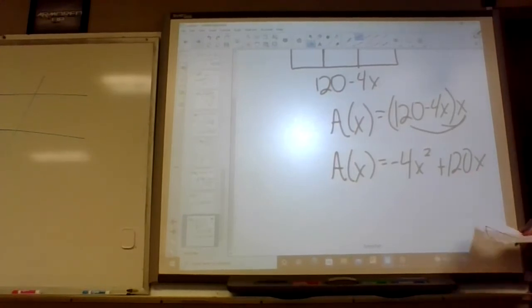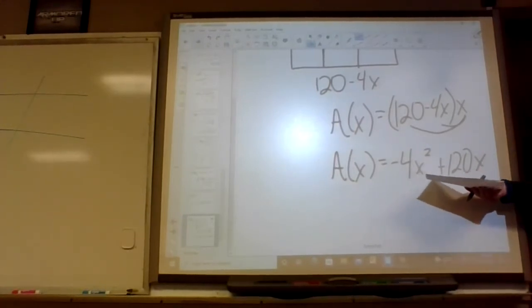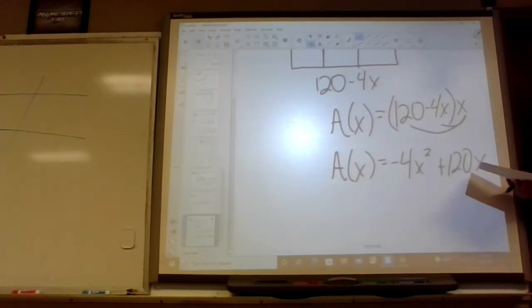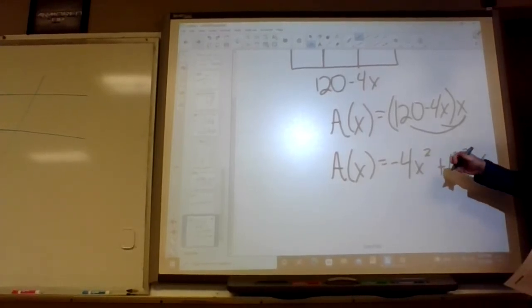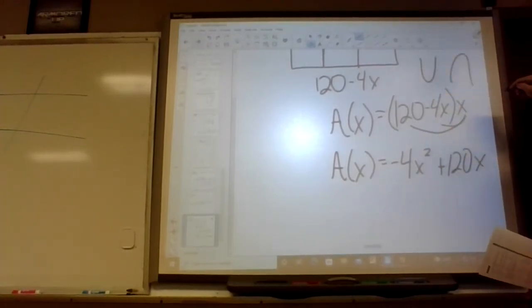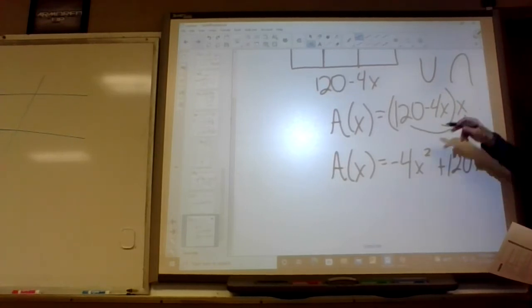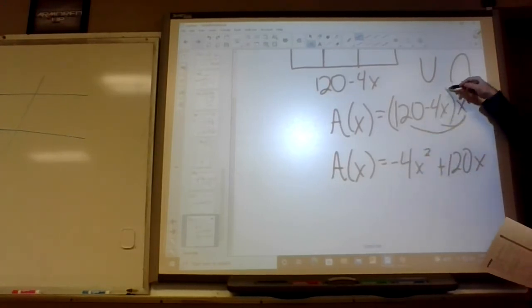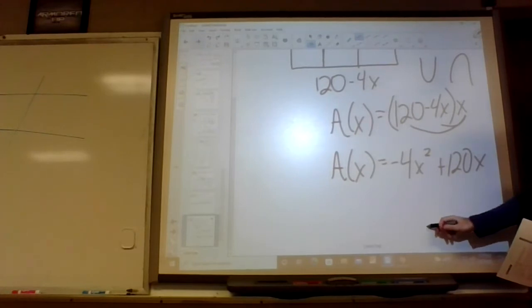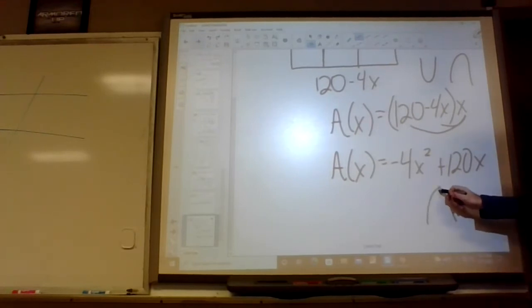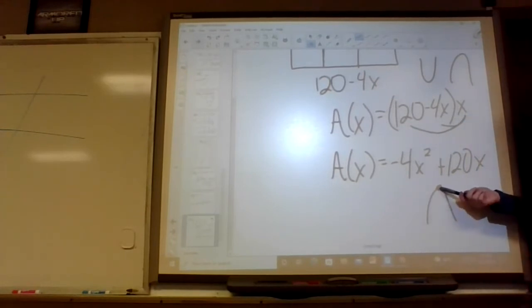Okay, what shape would this take on a graph? Is it like this or like this? The second one, upside down. Yeah, a negative 4 means upside down. And the biggest area is basically going to be the vertex of the parabola.